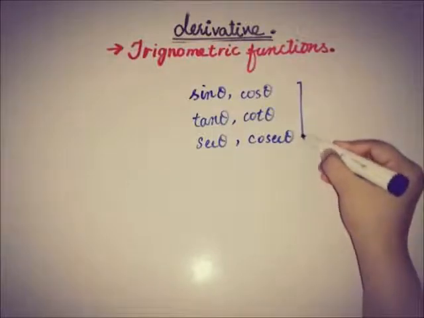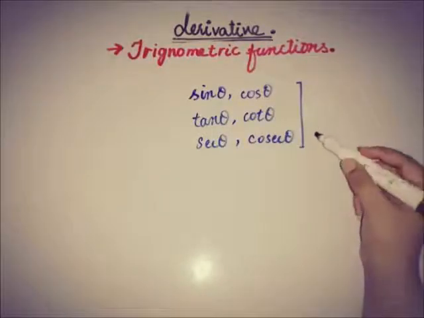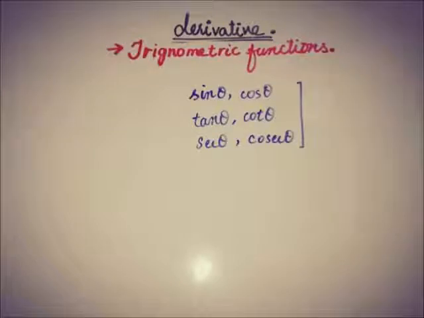These are the 6 trigonometric identities, and now we will see how to find the derivative of such trigonometric identities.